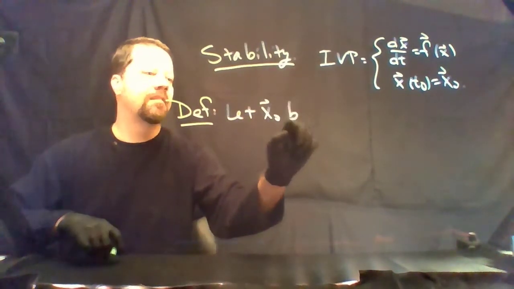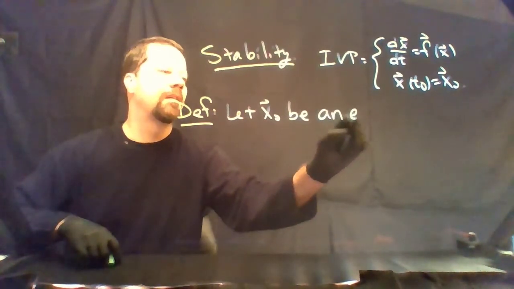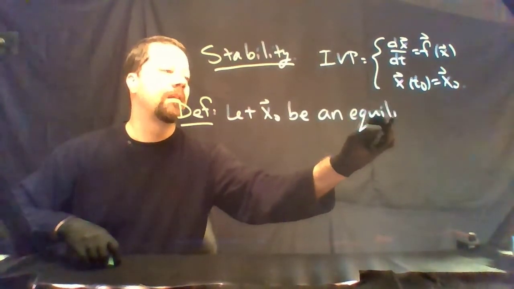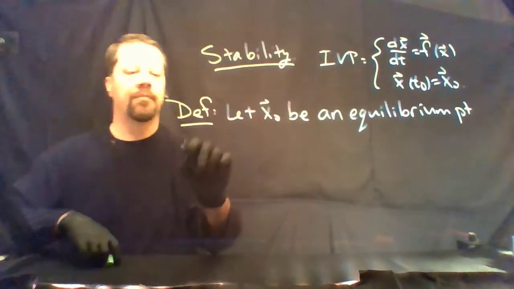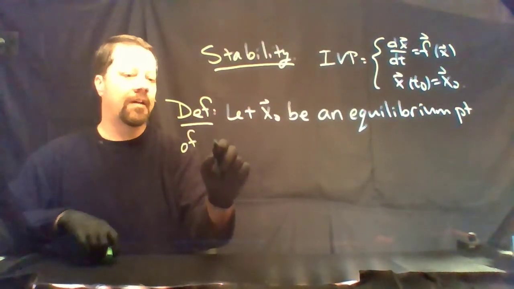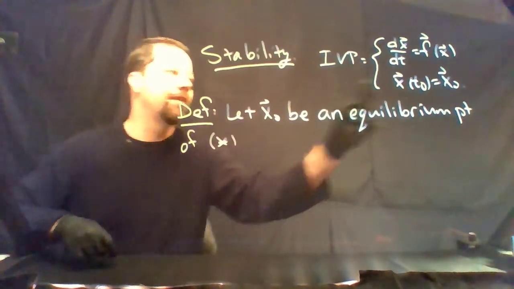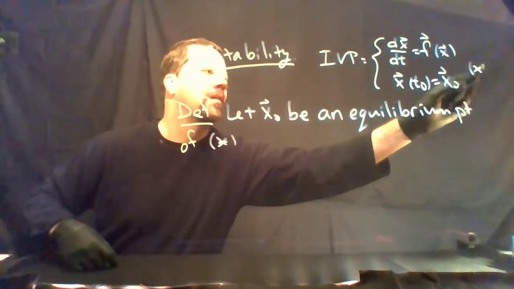Let x naught be an equilibrium point of the IVP star. We'll call this star.